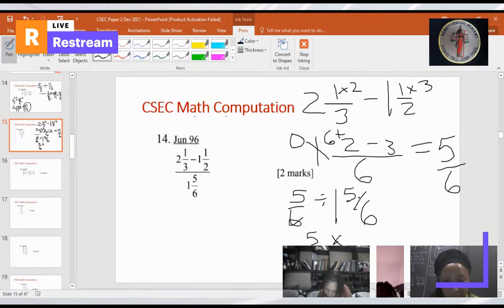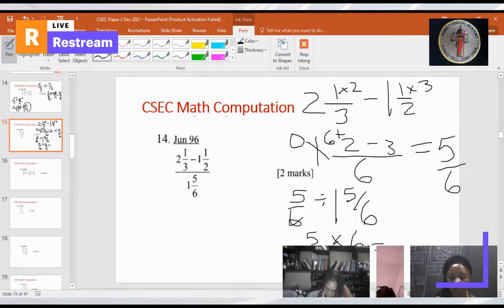We're going to change this mixed number to an improper fraction. 6 times 1 is 6, plus 5, which is 11. So 11 over 6. You flip that, invert that, so 6 over 11.